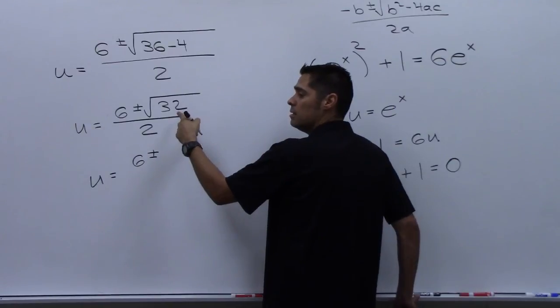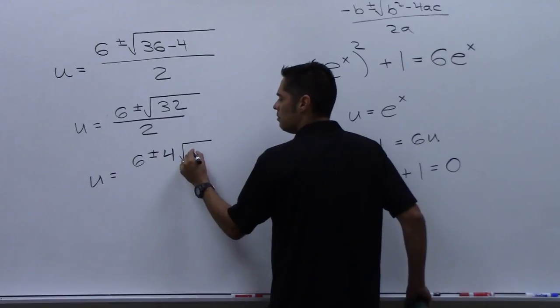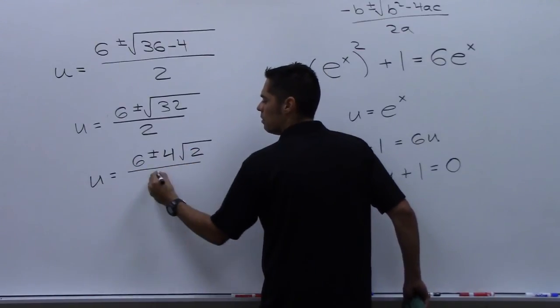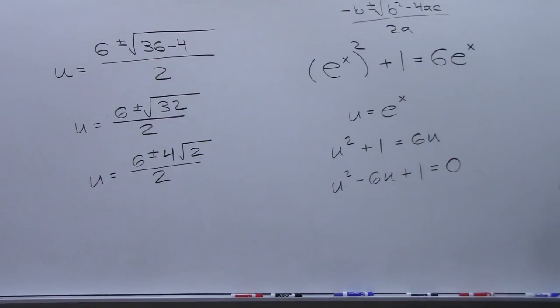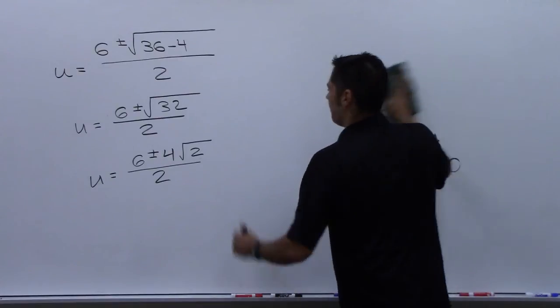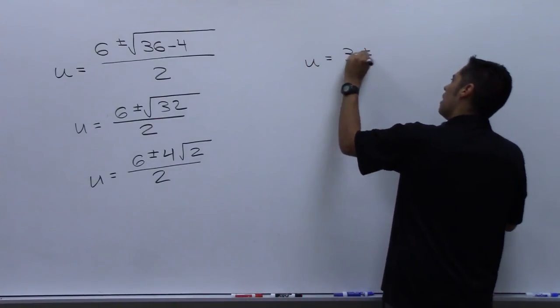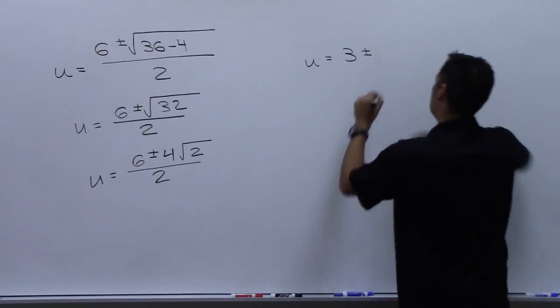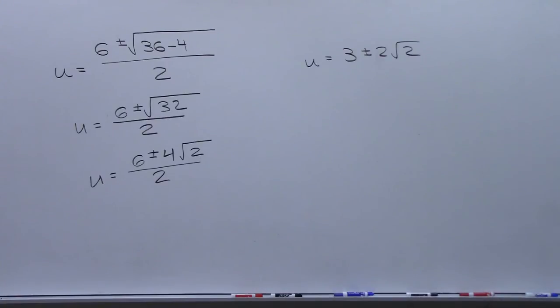Yes, you can take a 4 out of the square root, and 2 over 2. And you can reduce the 6, 4, and 2 by a factor of 2. So you get u equals 3 plus or minus 2 root 2. We have 2 answers, right? Those are them. Any questions?